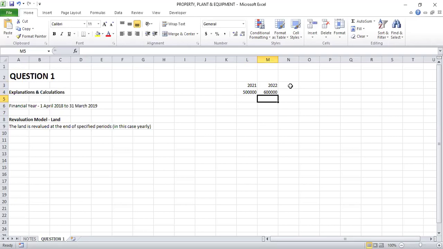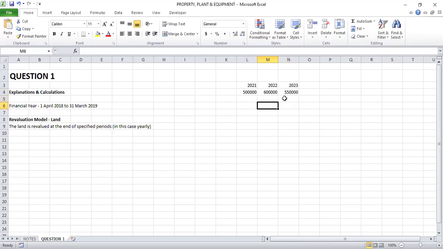Then let's say in 2023, he says the land is now 550, it has gone down. That 50,000 will not be treated as an expense, but as a reduction in revaluation. Remember that there was a revaluation of 100 from 2021 to 2022. So in our accounts, we've got a revaluation surplus of 100 when we started 2023. So the decrease of 50 from 2022 to 23 will be reduced from that revaluation.